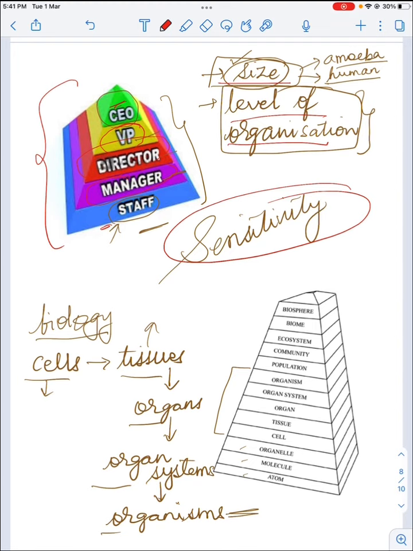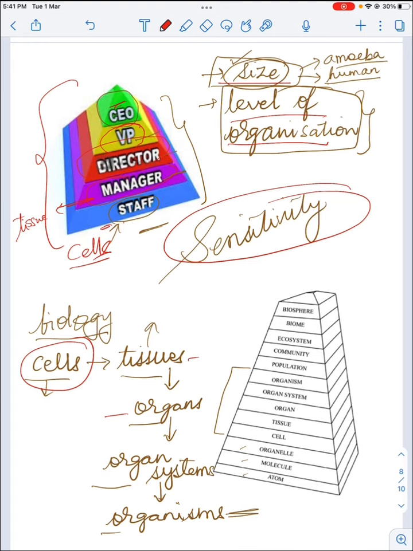Similarly, if I compare the staff to cells, then a group of cells together form tissues. I'll compare them to managers. If you keep assimilating and analyzing things, you'll be able to understand that a group of cells together form tissues, tissues together form organs, organs form organ systems, and finally organisms.